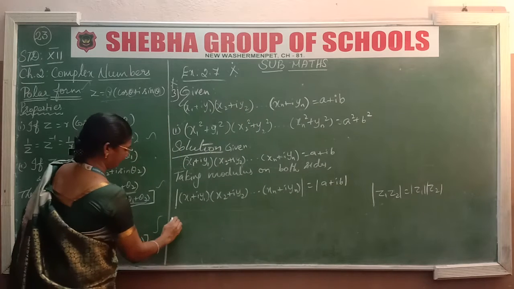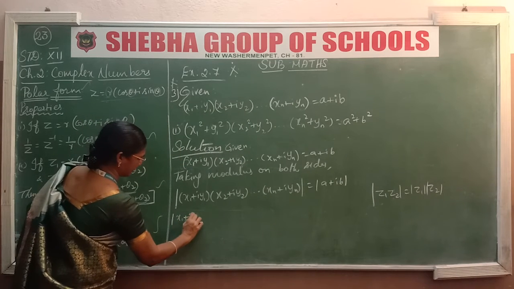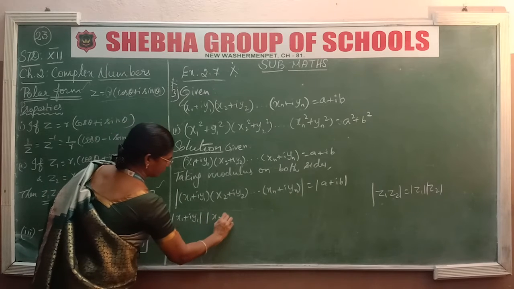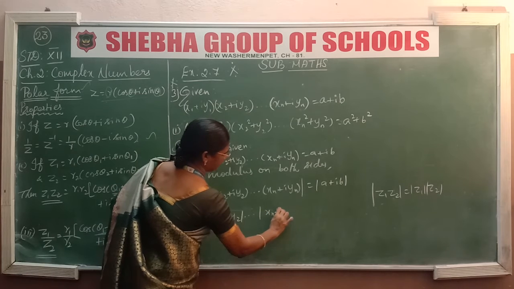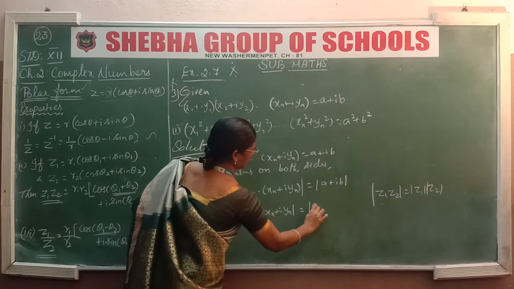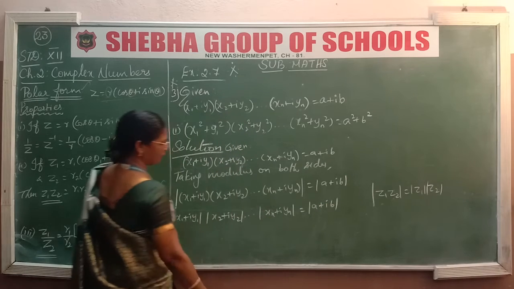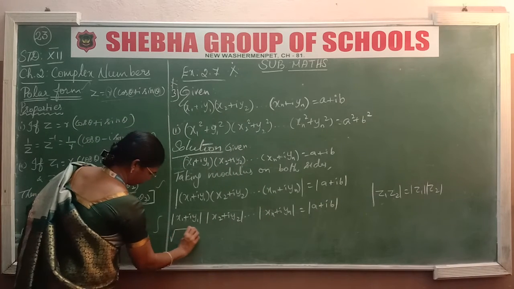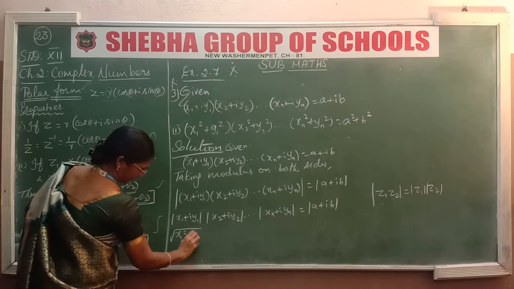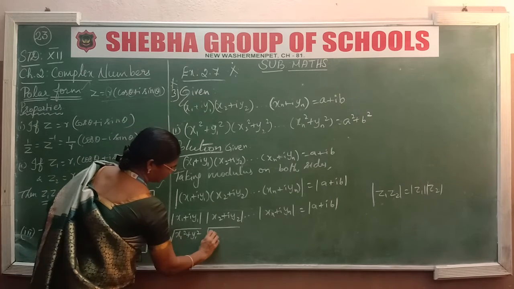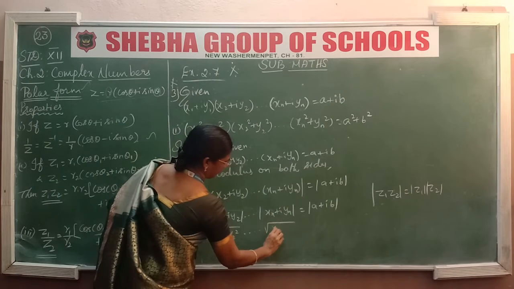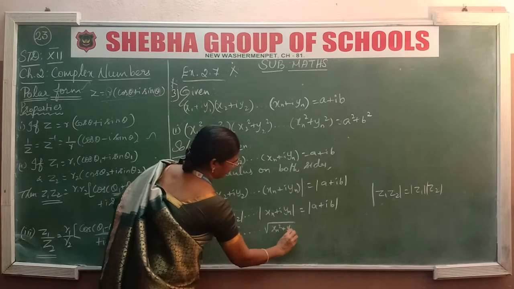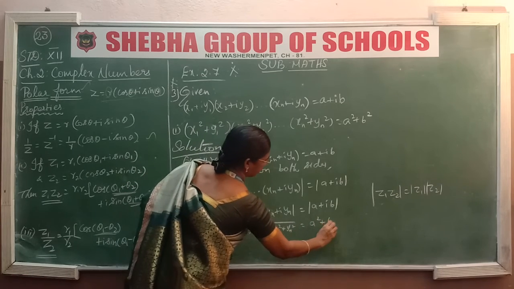Using this here, modulus (x1 plus iy1) modulus (x2 plus iy2) and so on modulus (xn plus iyn) equals modulus of a plus ib. And we know the modulus value is the square root of real part square plus imaginary part square, so square root of x1 square plus y1 square into square root of x2 square plus y2 square and so on into square root of xn square plus yn square equals square root of a square plus b square.